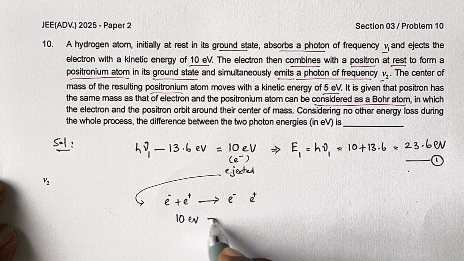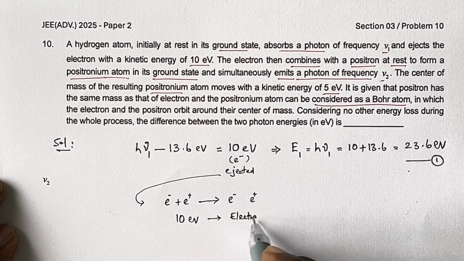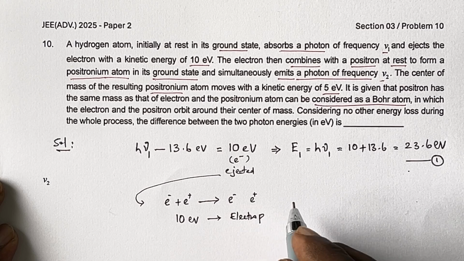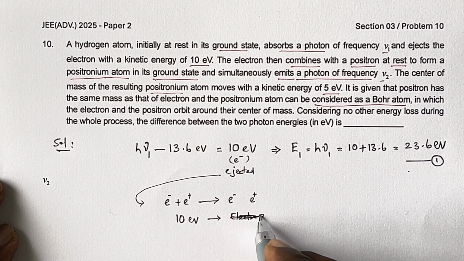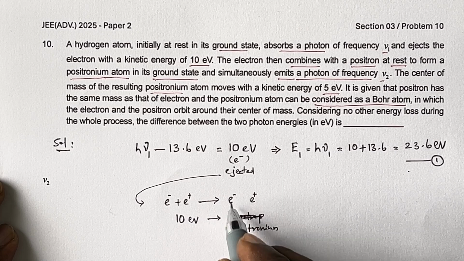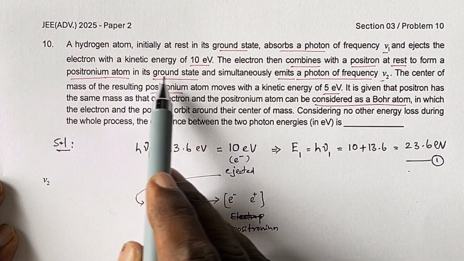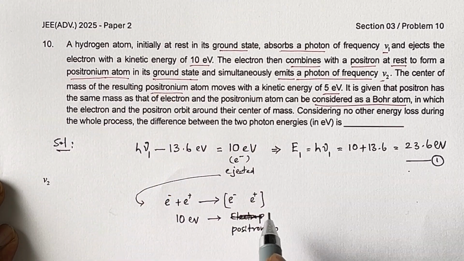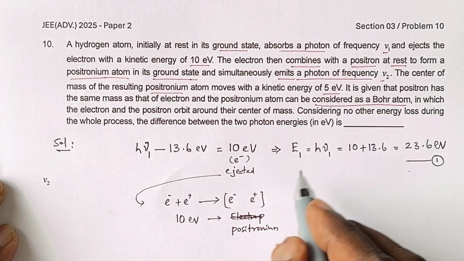The positronium atom is formed in its ground state, and it emits a photon.